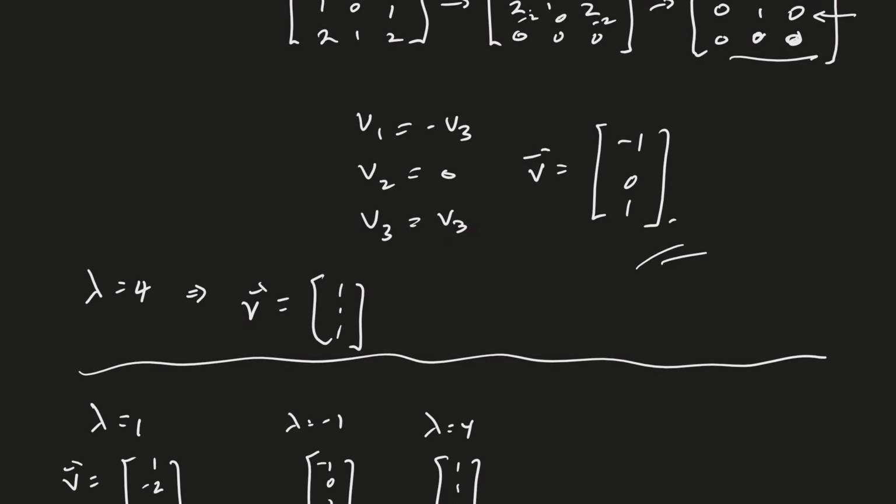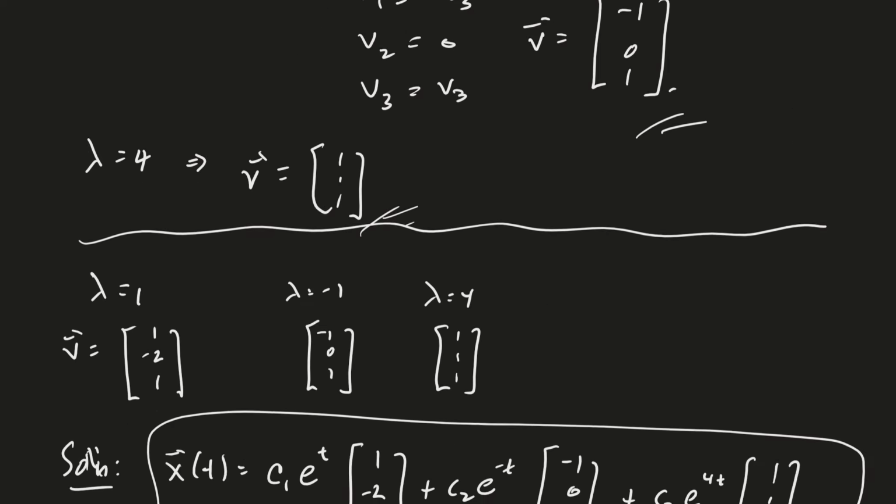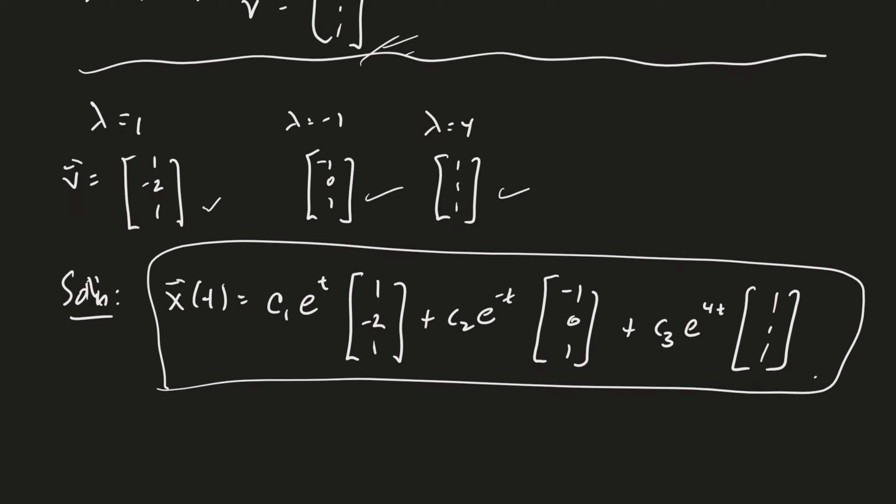So we had an eigenvector there, an eigenvector there, and the other one. And so once you have your three eigenvalues and three eigenvectors, then you can formulate the solution in a straightforward way.